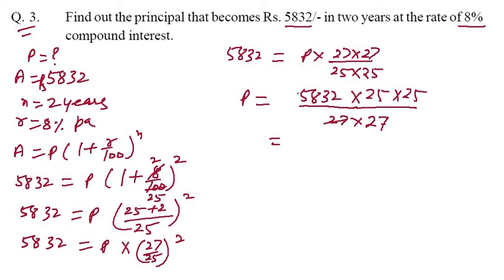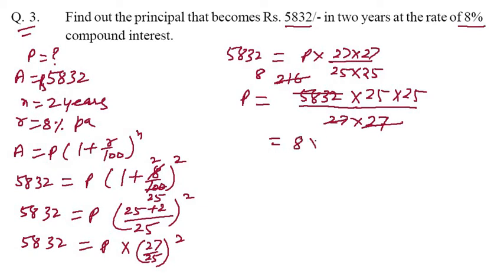When 5832 is divided by 27, we get 216, and after that, this one gives 8.